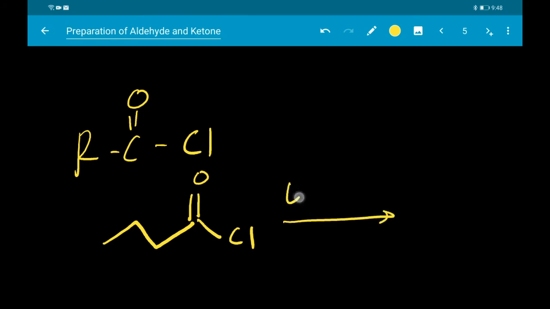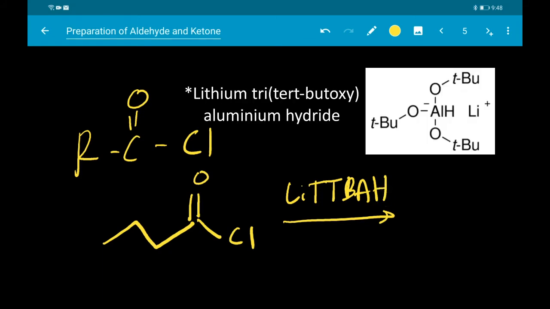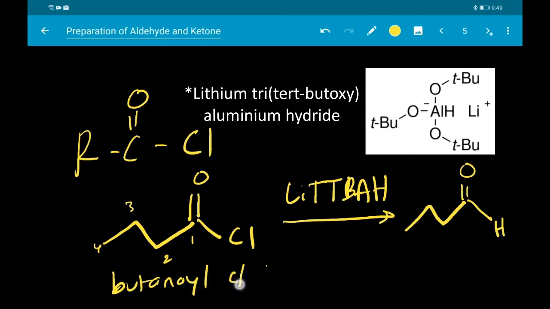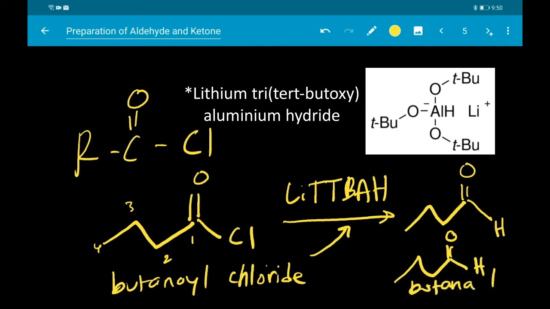If we apply the reagent Lidbach, which stands for lithium tri-tert-butoxy aluminum hydride, the Cl will be converted into H. In this example, we have butanoyl chloride, and whenever we apply Lidbach, it performs a reduction reaction which results in the production of butanal.